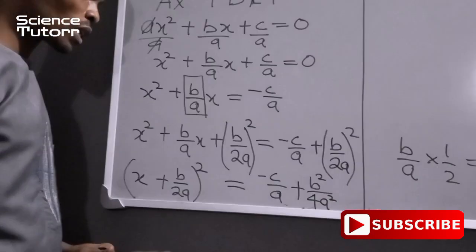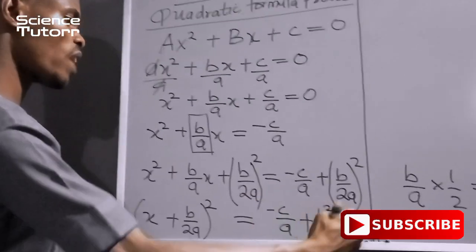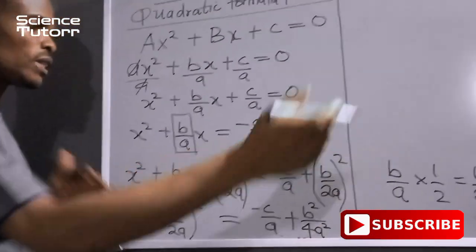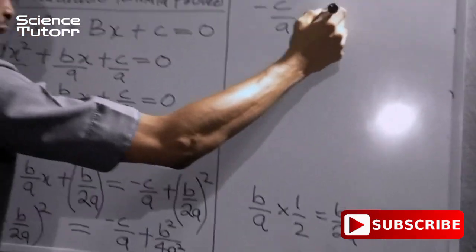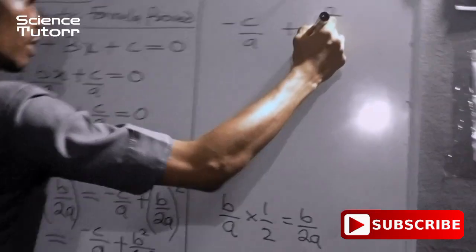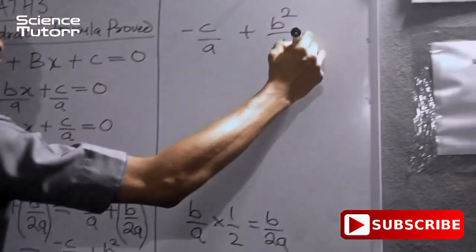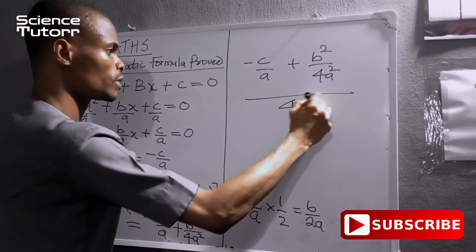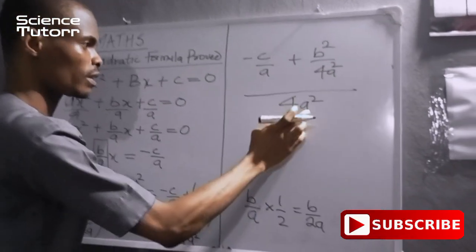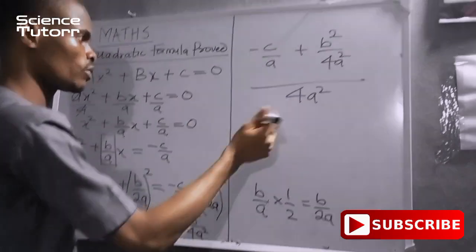The next step, which is our step 5, is to simplify the right hand side. So let's look at it on the rough. Let's say we have minus c over a plus b squared all over 4a squared. So we find the LCM. LCM is 4a squared. 4a squared into a leaves us with 4a times minus c.